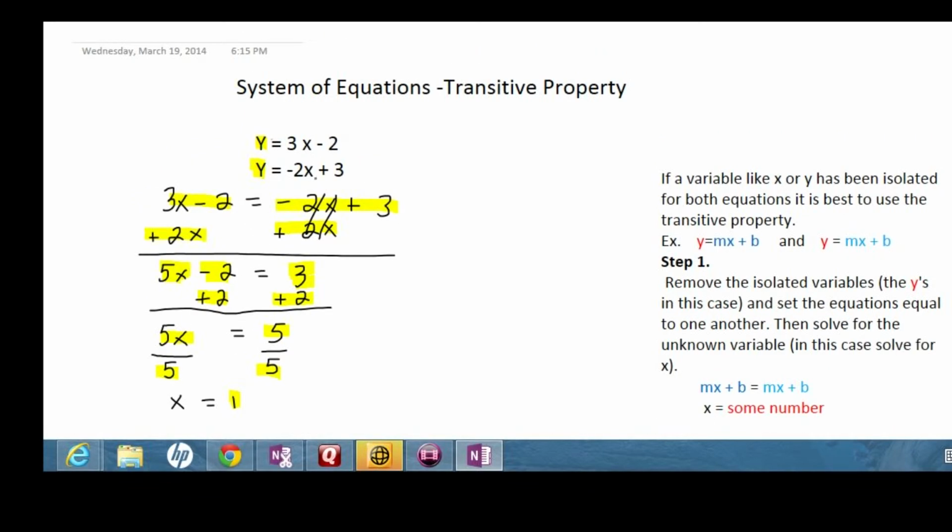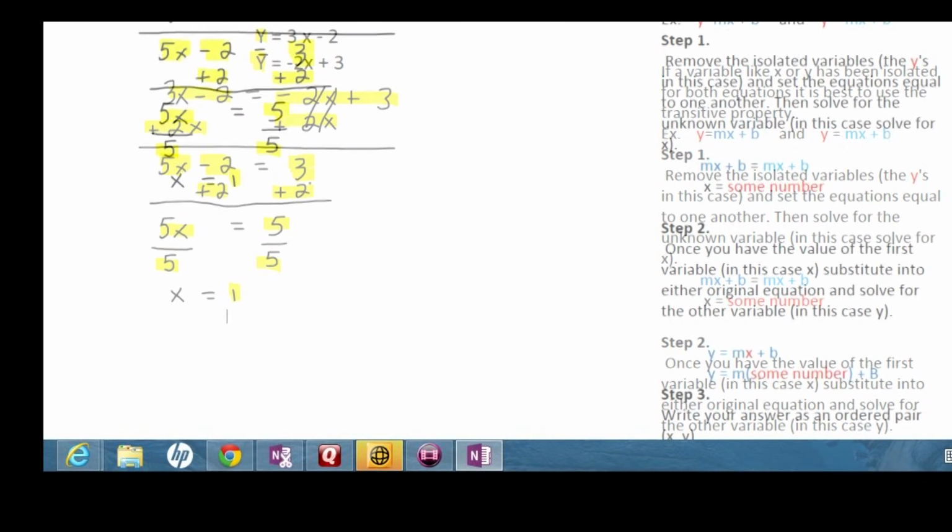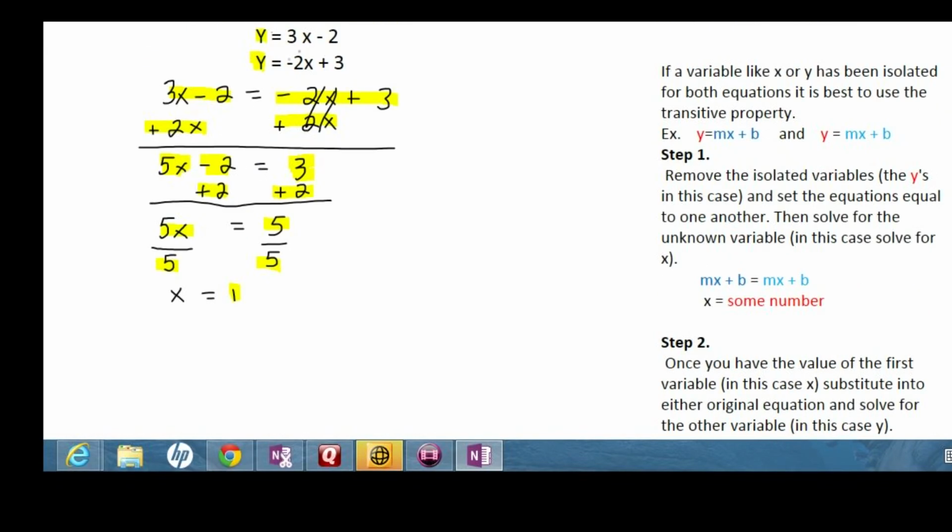So, now x is equal to 1. I'm going to take one of my original equations, and it doesn't matter which one you choose. I will choose the first equation. So I will start off with y equals 3x minus 2, and I will put in the value of x, which is 1, into this equation so that I might find the value of y.